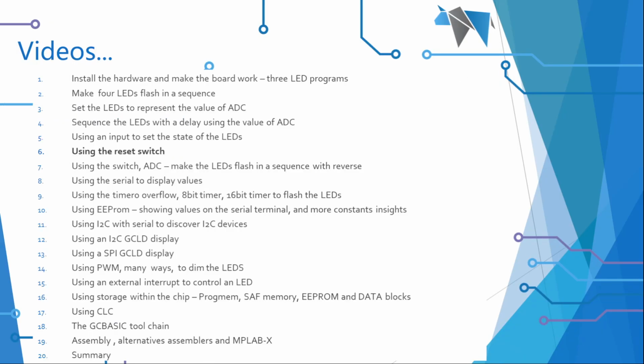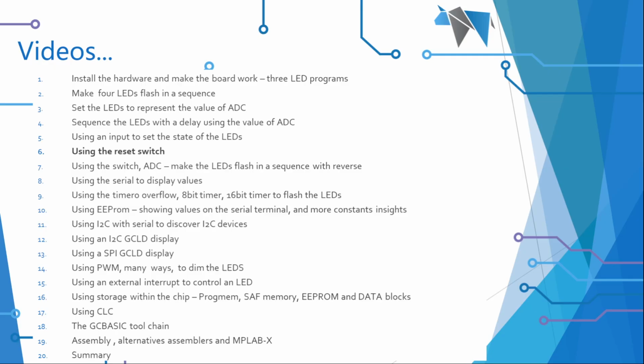So where are we? We have made the hardware work at number 1. We've made some LEDs flash. We made the LEDs represent the value of an analog to digital conversion. And then we actually used that conversion value in tutorial 4 to make a delay, so that when the LEDs rotate or change is dependent upon the value of the ADC.